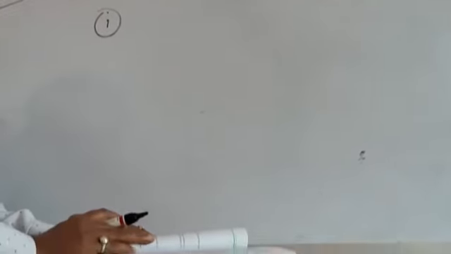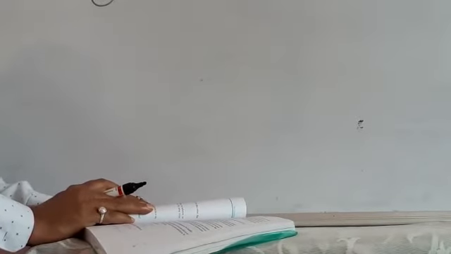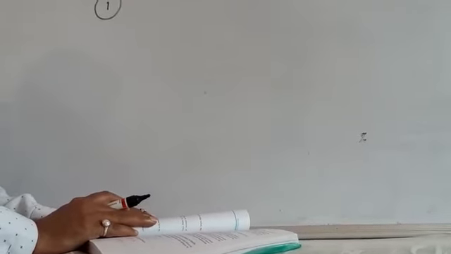A part of the monthly hostel charges is fixed and the remaining depends on the number of days. This same question I have explained in the last video, in the last exercise.